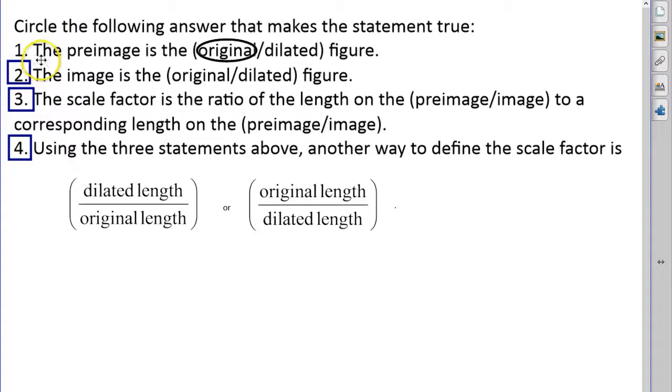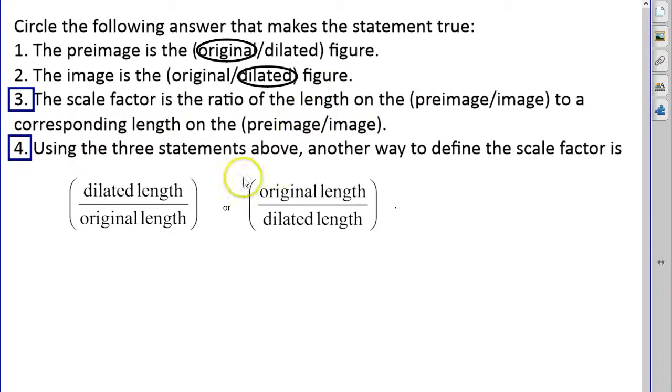Now, next question. The image is the, hopefully you said, dilated figure. Now, the definition of scale factor is the ratio of what to what. That's what we're actually saying here.